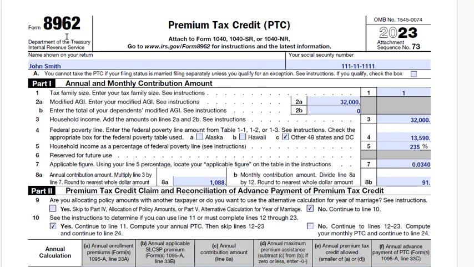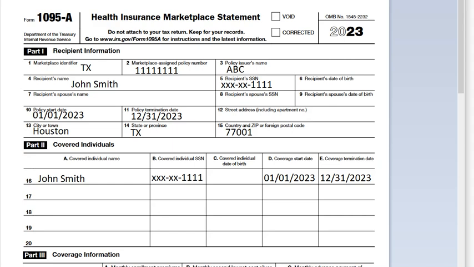So this is Form 8962. This is called the premium tax credit, and we'll start with the first part here. But in order to fill out this form, we'll need the information from Form 1095-A, which is the health insurance marketplace statement.